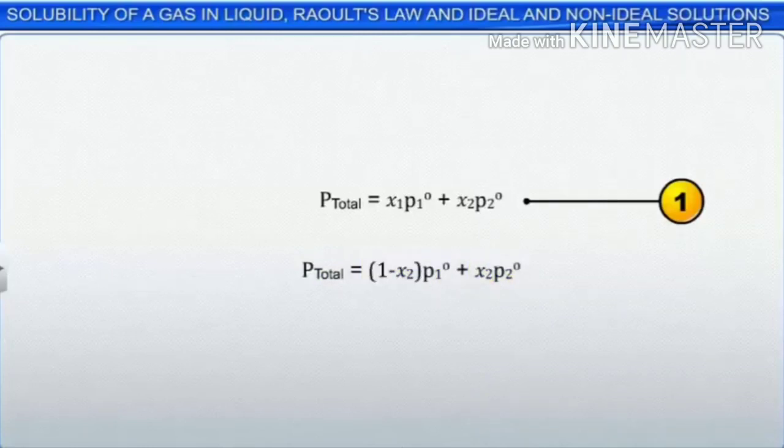Let this be equation 2. In the equation thus obtained, we can see that P total is a linear function of mole fraction x2, as P1⁰ and P2⁰ are constant at a particular temperature.